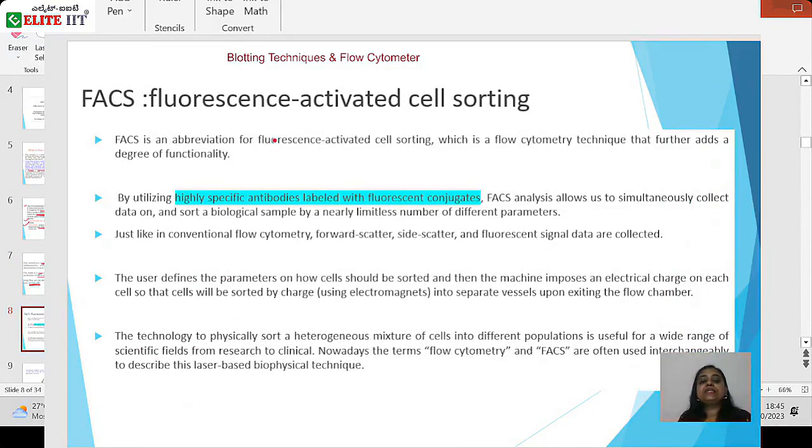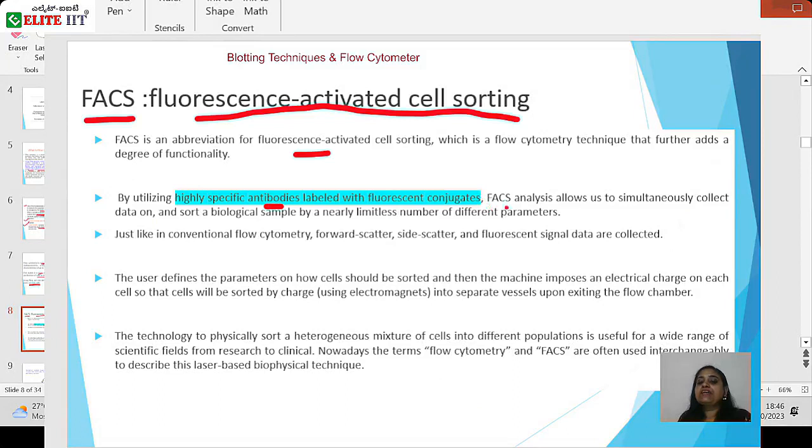Now in this case, fluorescence activated cell sorting is done through this method. Its full form is FACS, an abbreviation of fluorescence activated cell sorting. Here, by utilizing highly specific antibodies, same as whatever I told you, antibodies are labeled with fluorescent conjugates.